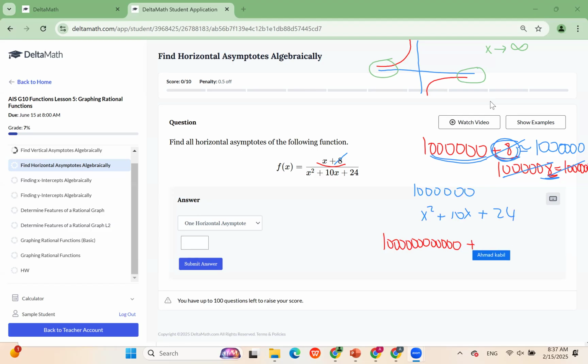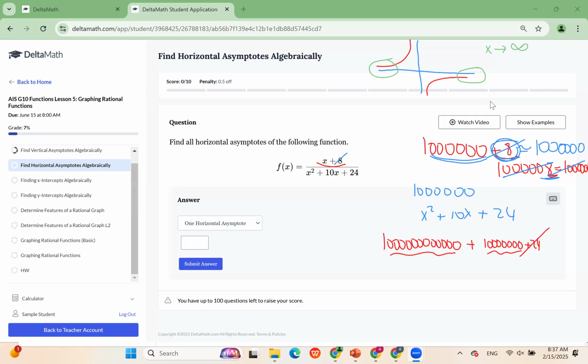Plus 10 million plus 24. Of course, we all agree that the 24 does not really add anything. But furthermore, compared to a million millions, 10 million is insignificant. It's just the same as comparing 10 to 1 million. So 10 million and a million millions are the same as comparing 10 and 1 million.